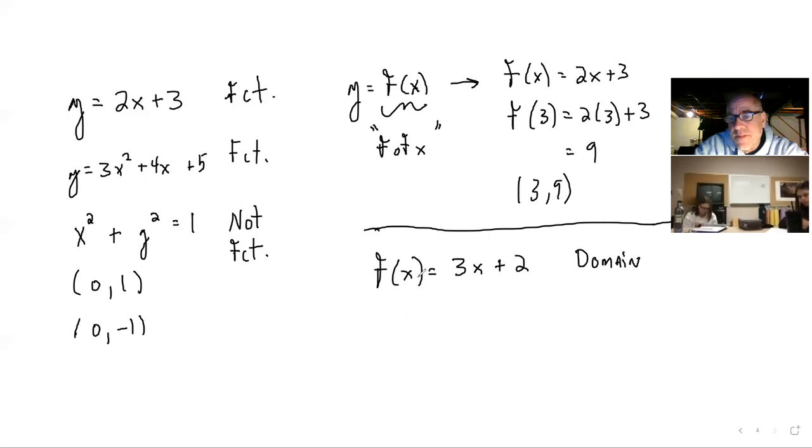There are really only 2 things that could be a problem: division by 0, or trying to take the square root of a negative number. If you don't see either of those 2 things, then your domain is all real numbers. We're going to represent the domain in interval notation, so if it's all real numbers, it's negative infinity to infinity.